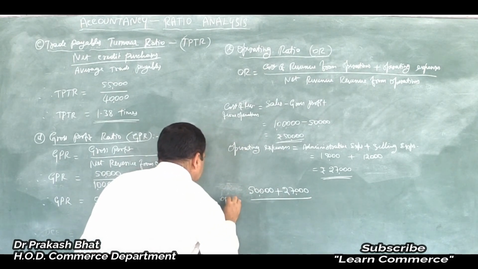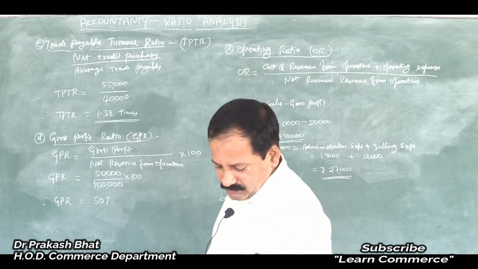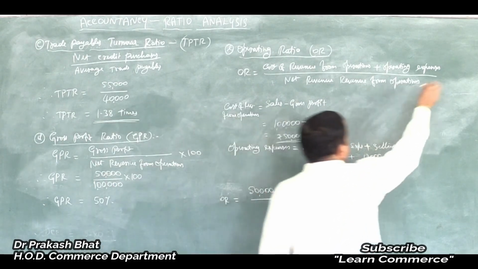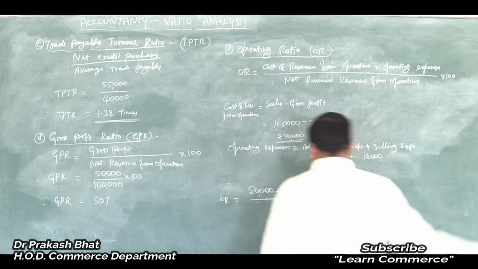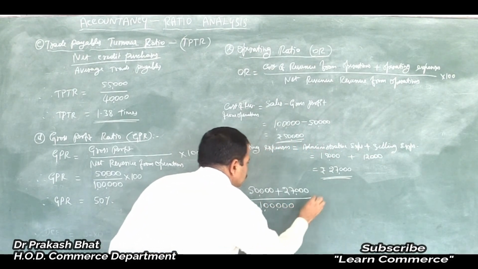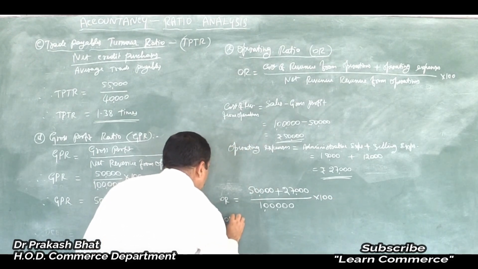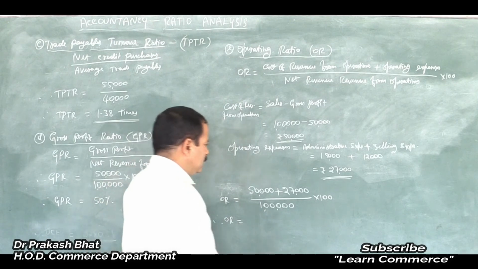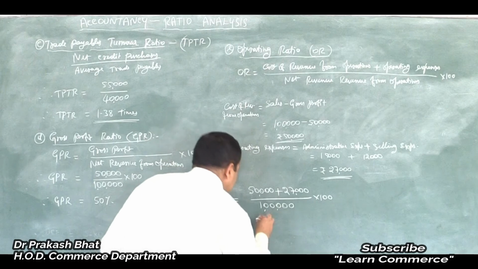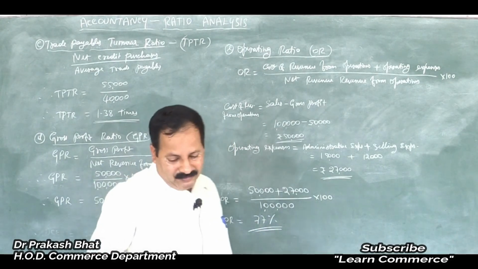Am I correct? 1 lakh divided by 1 lakh into 100. Into 100 must be there. Therefore OR is equal to, simplify it, you will get 77%. This is what the next ratio is.